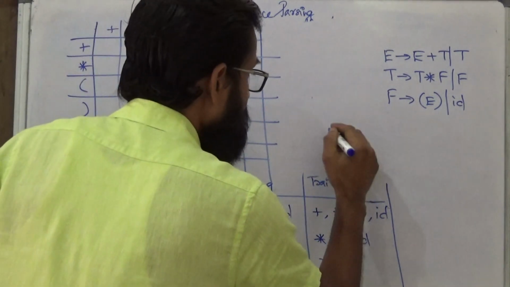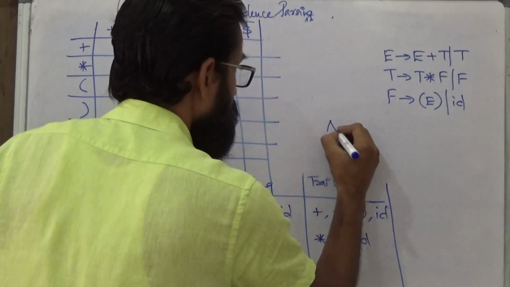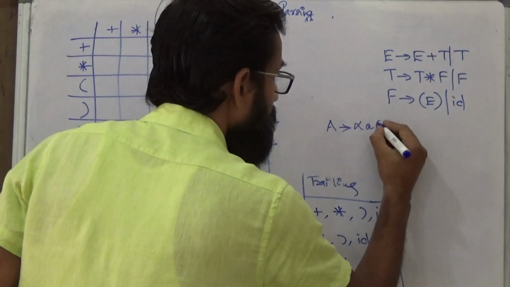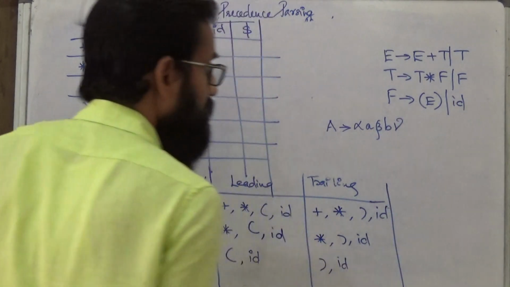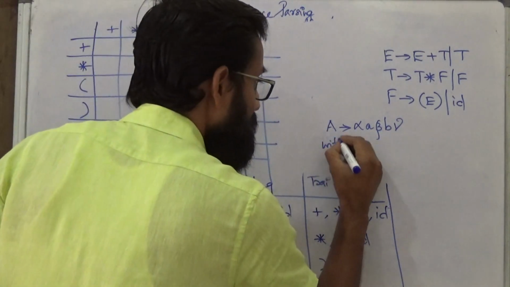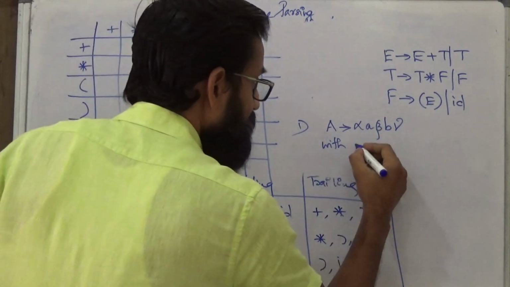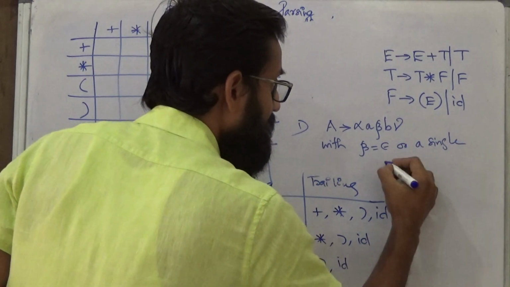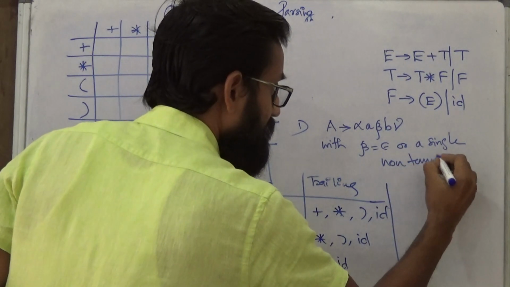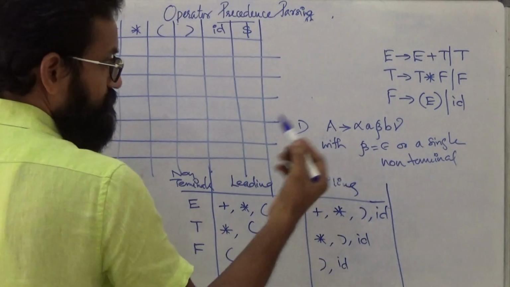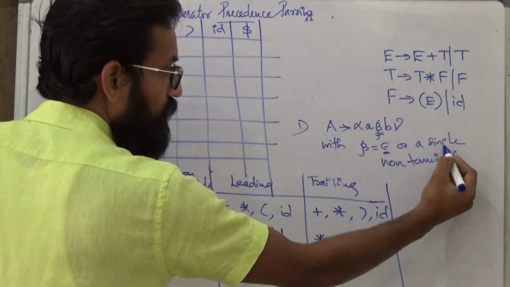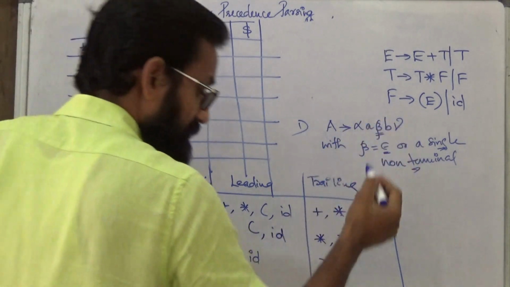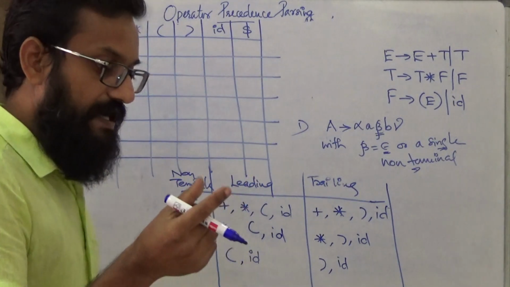If you are having any production A giving alpha A beta B gamma, with beta equal to epsilon or a single non-terminal, which indicates that A and B could be adjacent terminal symbols.